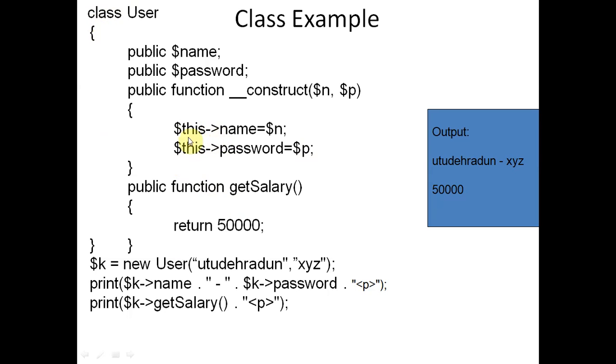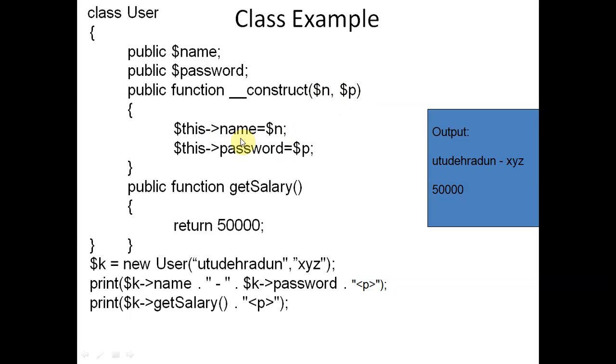So $this dash arrow name, the variable is this name variable and this password variable. Now inside the constructor function we will use the name and password variables like this, and the argument which we have passed will be transferred to the name variable.